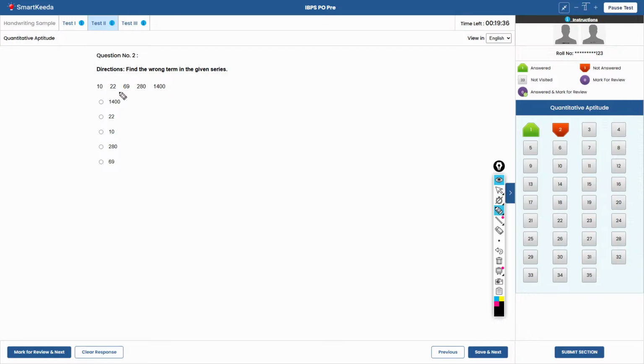Into 2 plus 1, into 3 plus 3, into 4 plus 4 makes sense, into 5 plus 5, no. Okay, so 29, then it is 31, then it is 40, then it is 38. I think it should be 33.